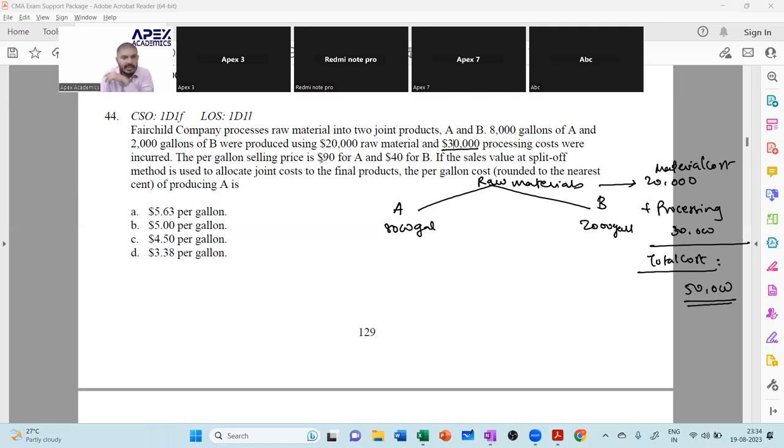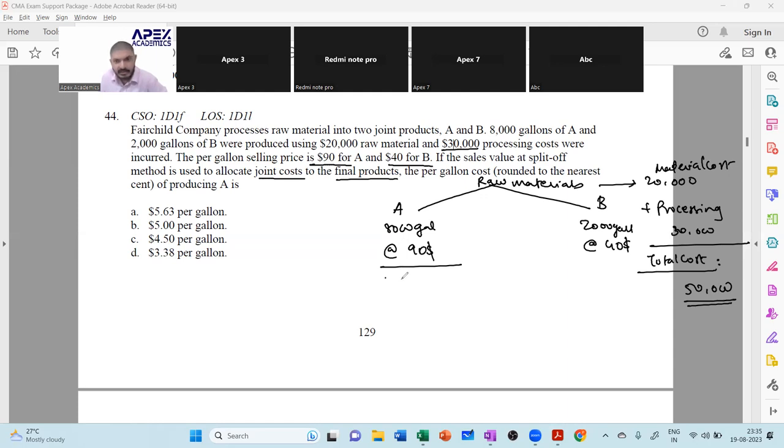The per gallon selling price is $90 for A and $40 for B. If the sales value at the split off point method is used to allocate the joint cost to the final product, what is the per gallon cost?